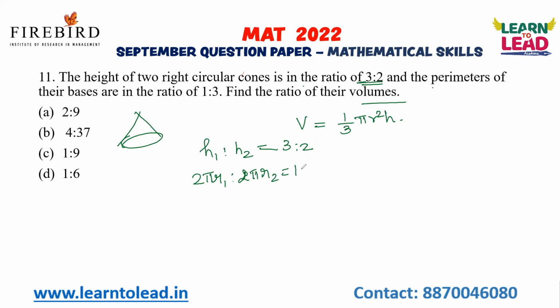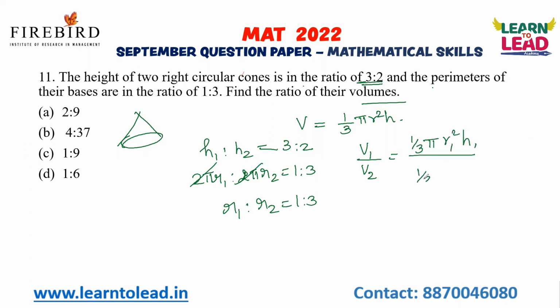2 pi r1 is to 2 pi r2, the ratio is 1:3. They should have given the radius of the cone, but indirectly they have given the perimeter. So if you cancel 2 pi, r1 is to r2 is nothing but 1:3. Now find out the ratio of the volume of their cones. So 1 by 3 pi R1 square H1 divided by 1 by 3 pi R2 square H2.